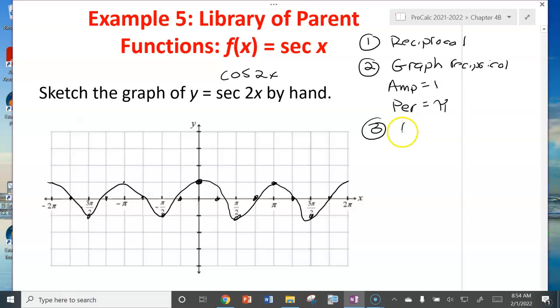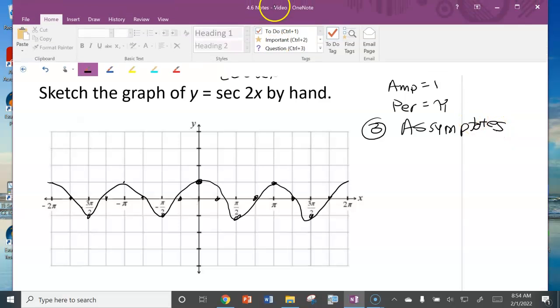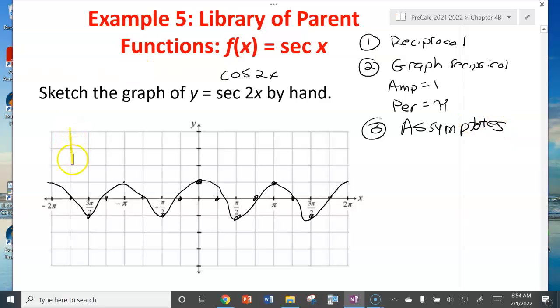Step 3 is your asymptotes. Everywhere it crosses the x-axis, I put in an asymptote. So there's all my asymptotes.